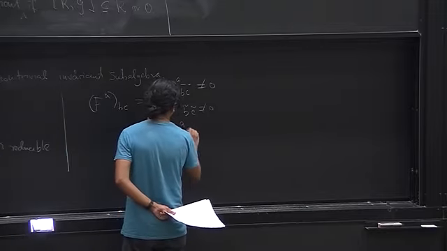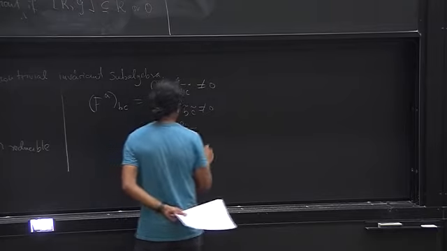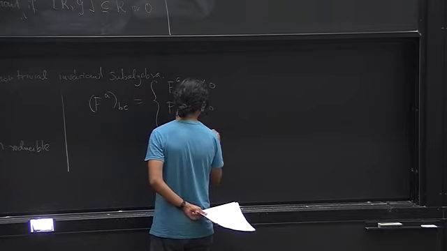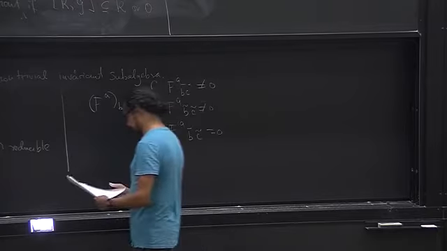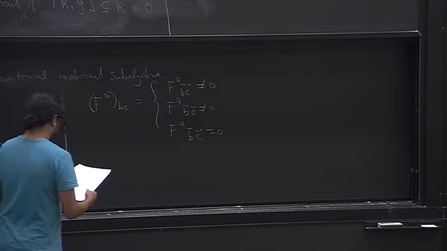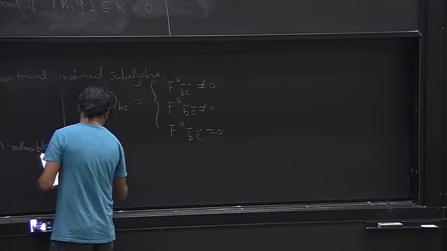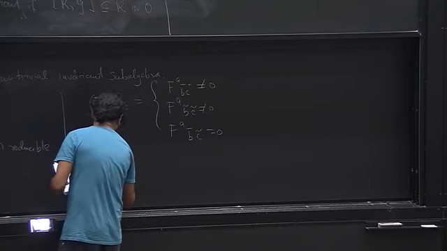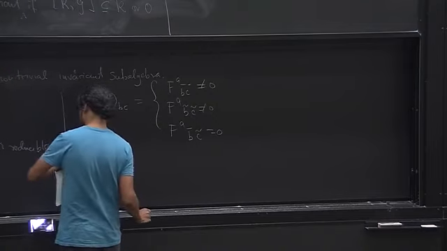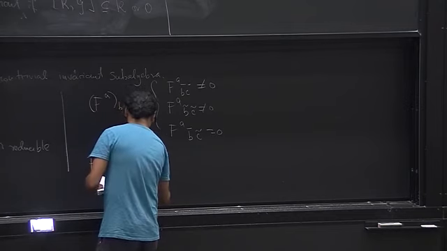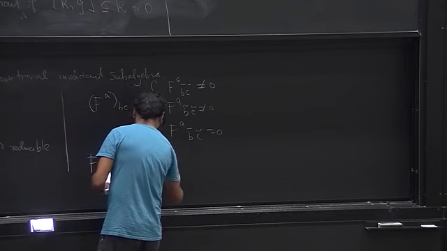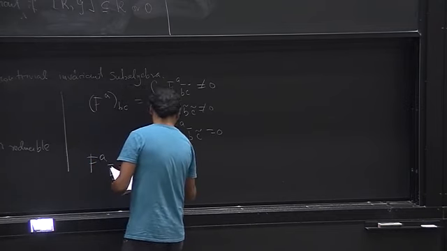Whereas if they are not in that block, then they are zero. Now, according to the definition of the adjoint representation, this is minus i f A B bar C bar.